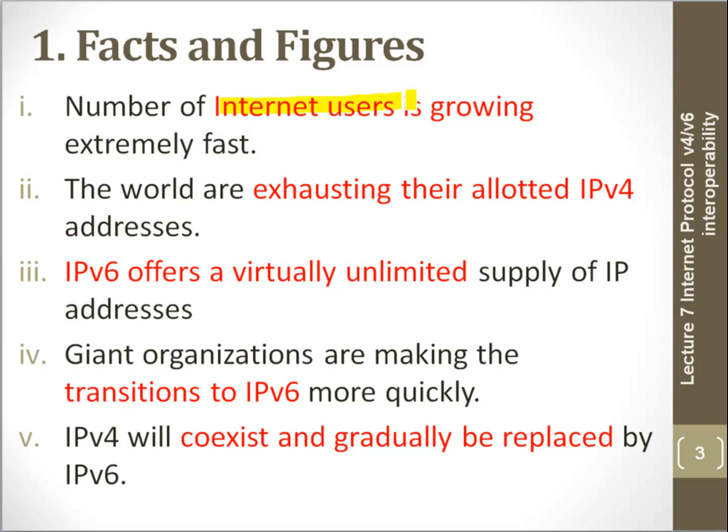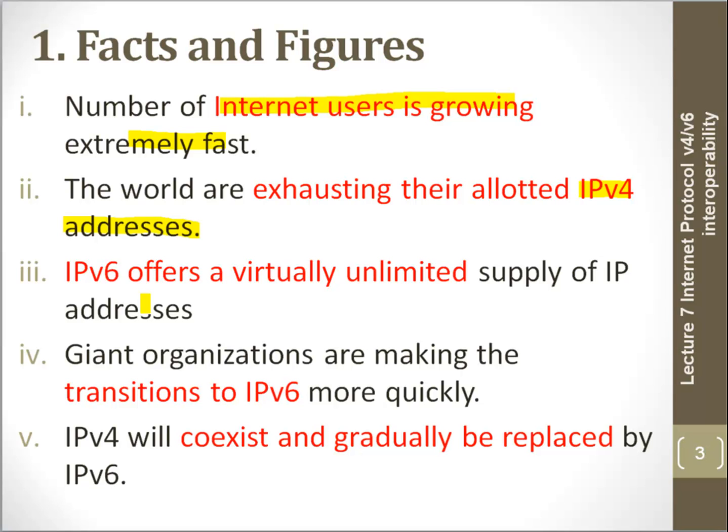Internet users are growing extremely fast. Because of that, IPv4 addresses are completely exhausted. It is completely over. So we are going for IPv6, which is going to provide a huge number of IP addresses.